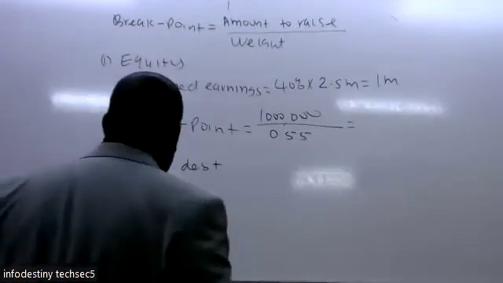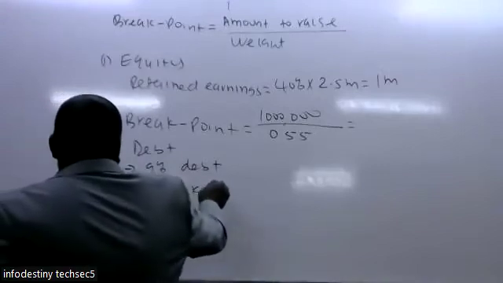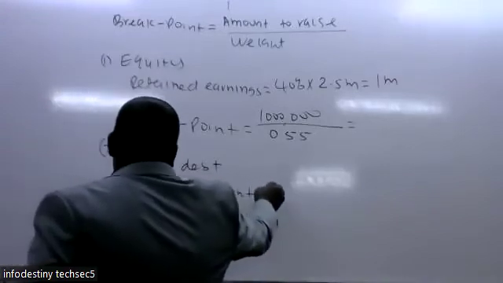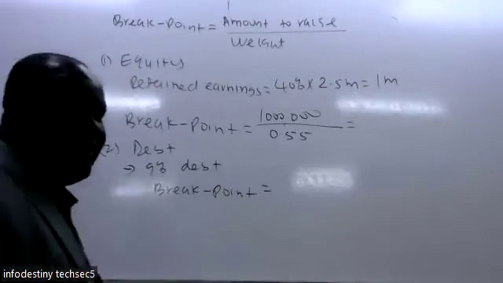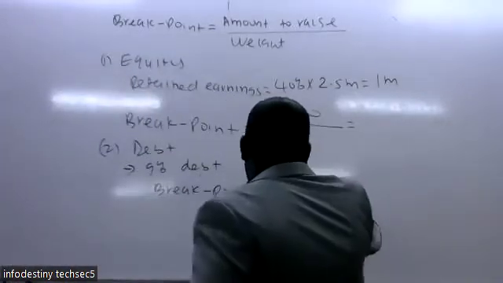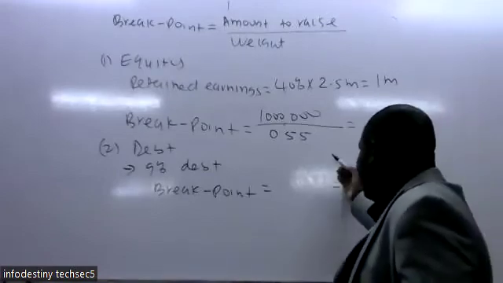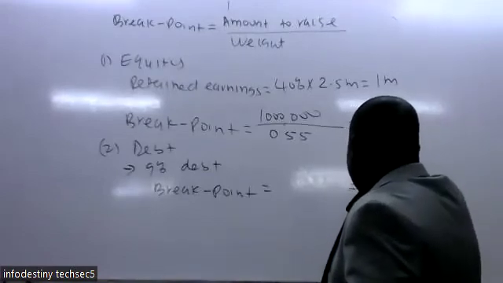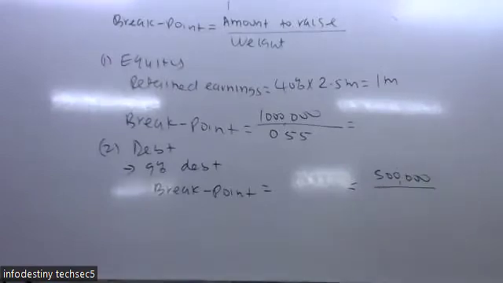For the 9% debt, the break point will be between 0 and 500,000. So you take the 500,000 and divide by the weight. What is the weight for the long-term debt?